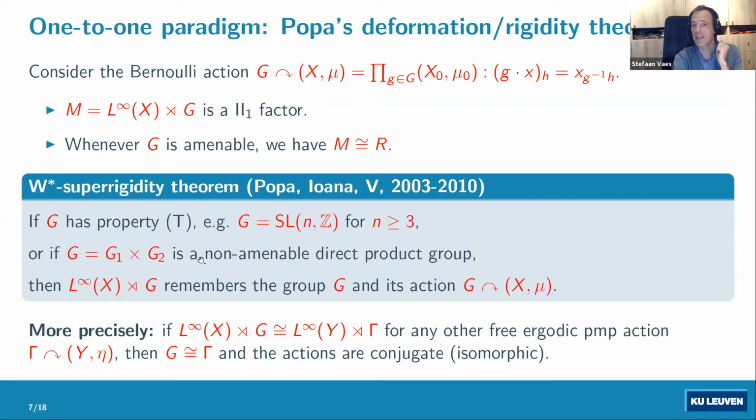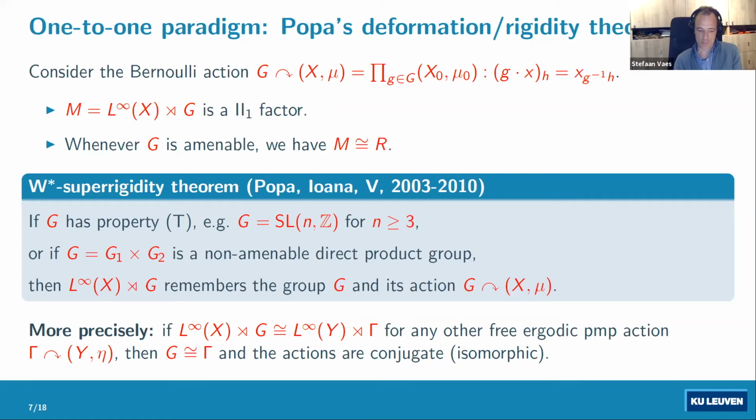So if you take any non-amenable direct product, so assuming that one of the groups is non-amenable, say a free group, and the other one is infinite, any infinite group, then you have this rigidity phenomenon as well. And that's then from a joint work in 2010 from Sorin Popa, Adrian Ioana, and myself.